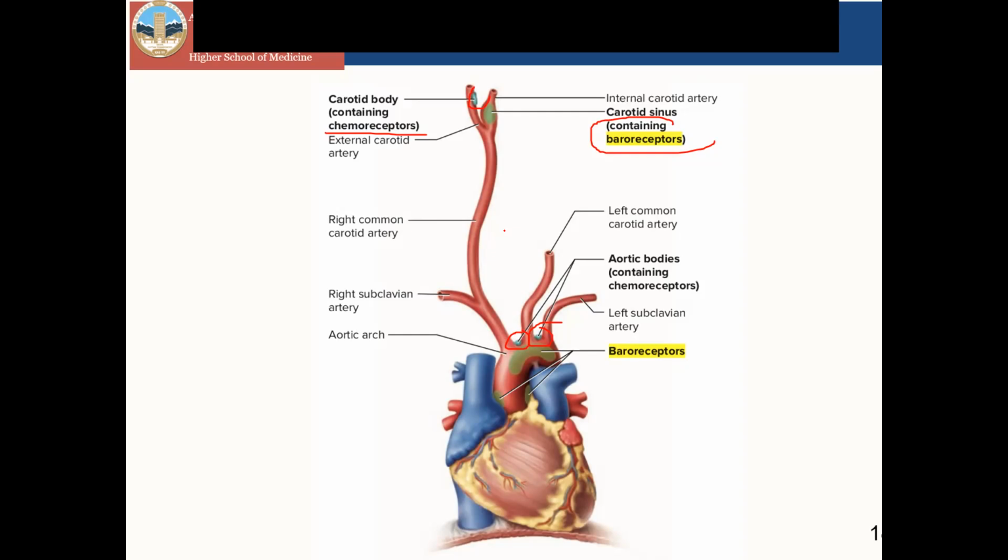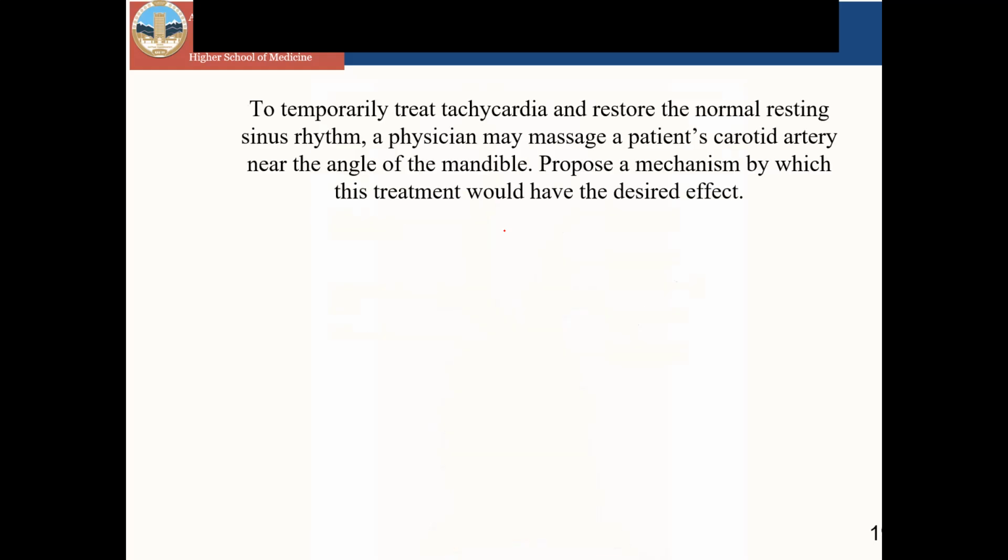It's the same if you press it from outside with your fingers: the baroreceptor decides that the pressure is too high and needs to be decreased. Again it sends a signal to the cardiac center, which signals the vagus nerve to decrease our heart rate, and tachycardia will be treated. Do you understand this? Yes, teacher. Okay, good.